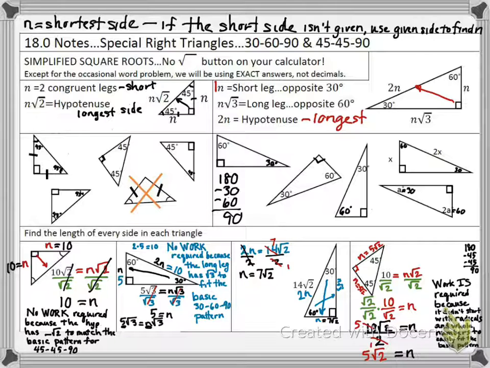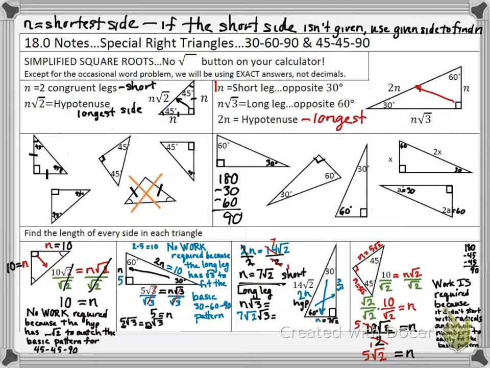Last thing I need is the long leg. This one found the short leg for me, and I already had the hypotenuse. I need the long leg. So the long leg is always going to be my n root 3. But in this case, I already know that the n is 7 root 2, and I have to take that and multiply it by root 3.